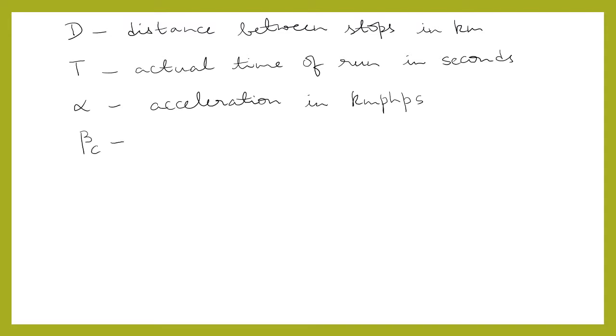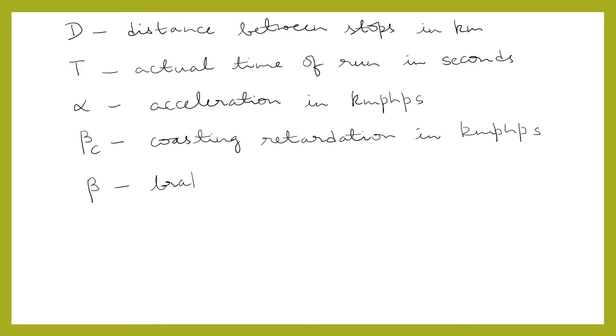Beta C is the coasting retardation in kilometer per hour per second. Beta is the braking retardation in kilometer per hour per second.